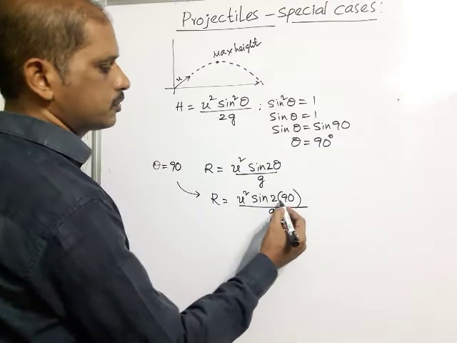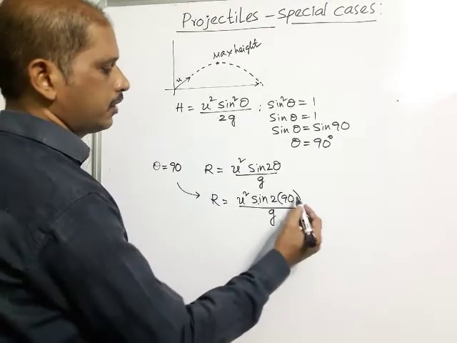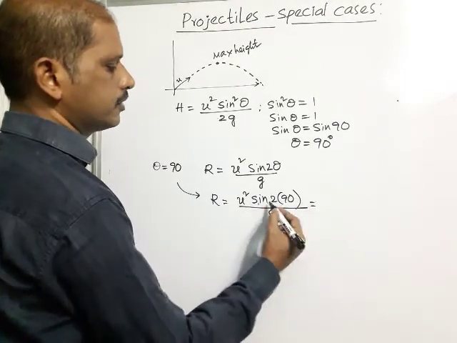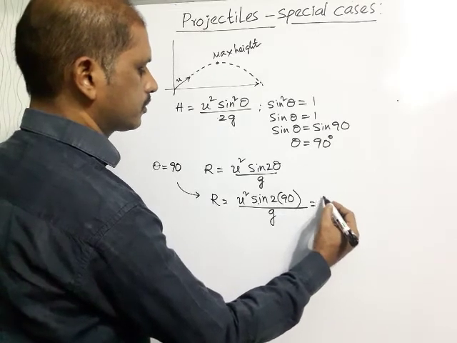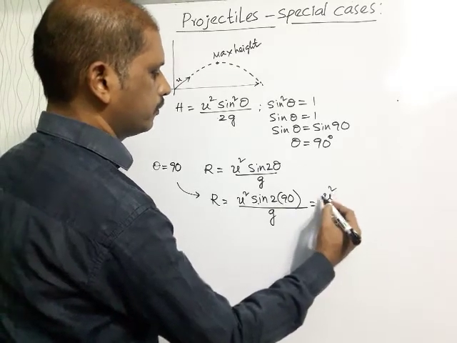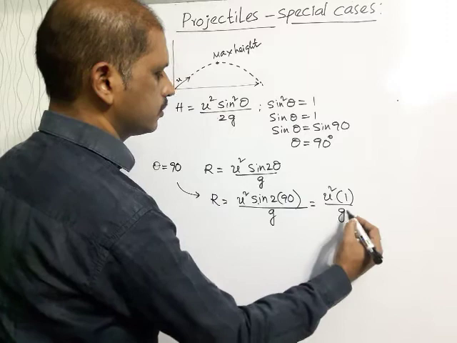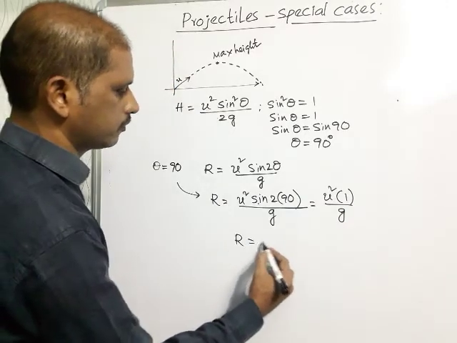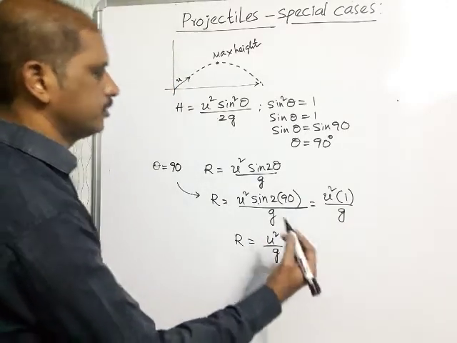So this is u square sin 180. Sin 180 value is zero, so r is equal to u square into 0 by g, which is nothing but r is equal to zero.